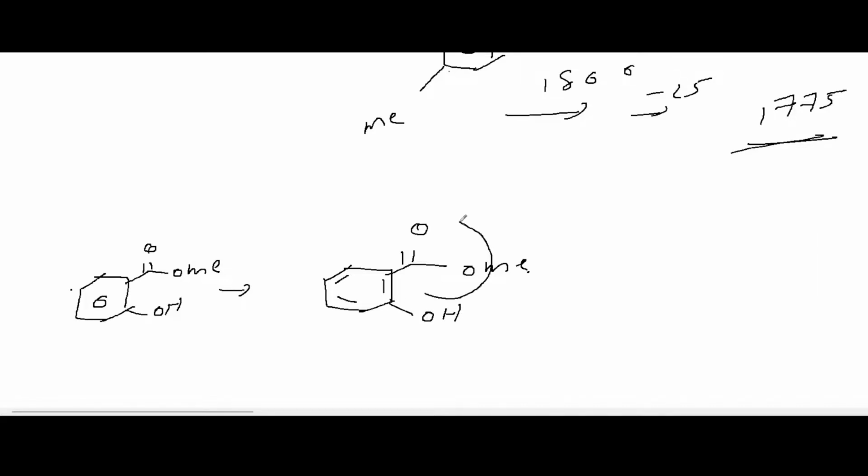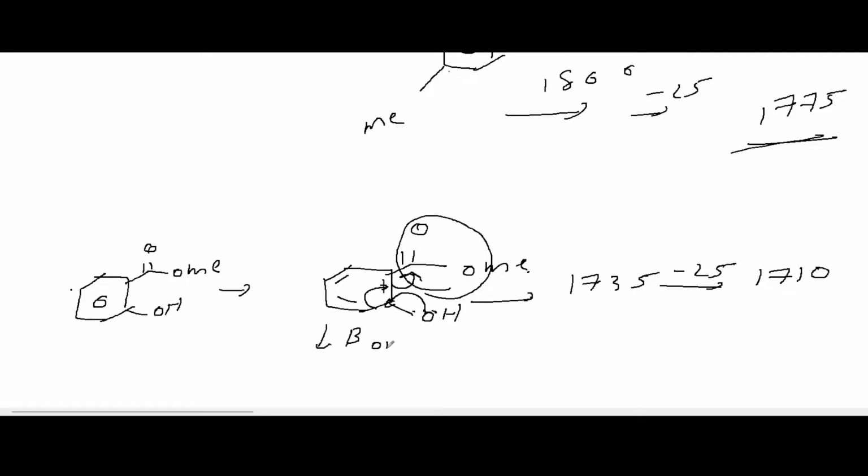So this is an ester group. It has an IR frequency around 1735. Due to resonance or conjugation, it will have some minus 25, so it will be around 1710. So it will not be less than 1700. But when you see, this is an electron donating group here, right? So the lone pair of electrons will migrate like this, and it will again reduce the bond strength due to extended conjugation.